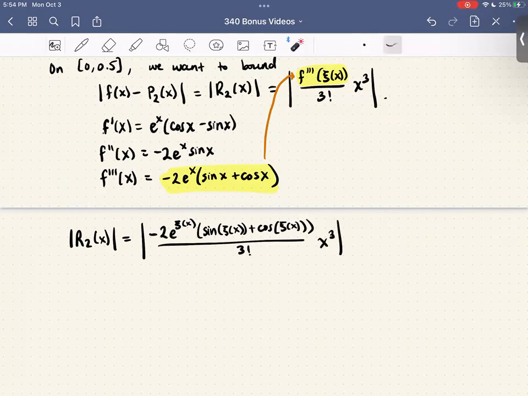Now notice here I had this expression for f triple prime, and in the remainder term, I am evaluating that expression at c of x. So wherever I see an x, I'm going to put c of x.